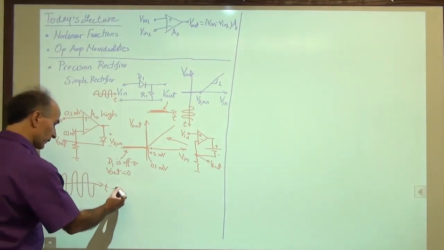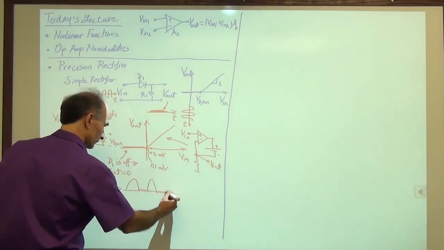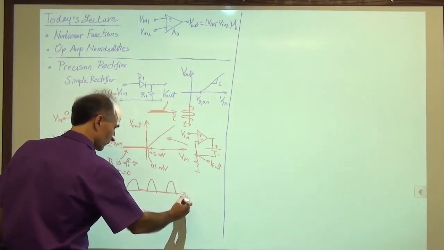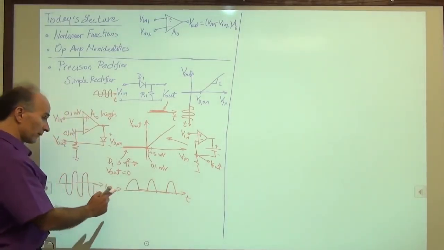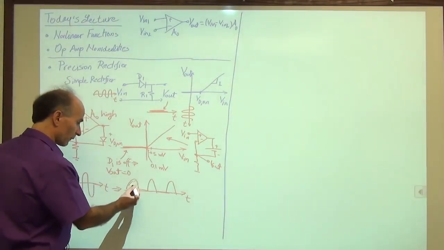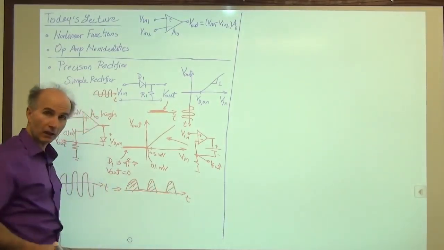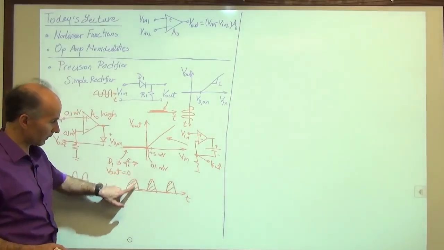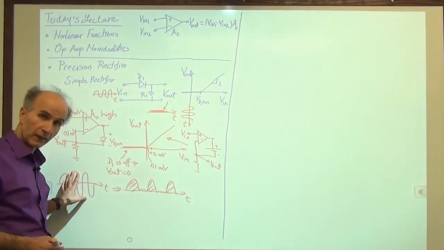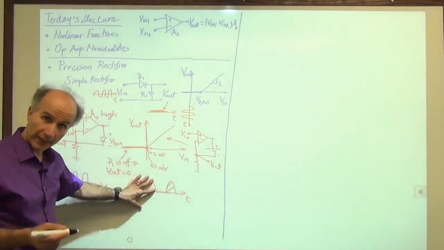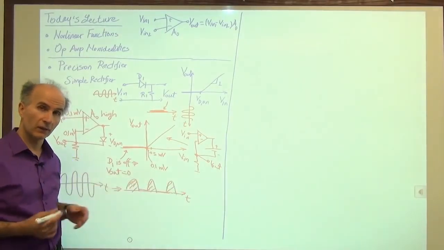So we first rectify it. Then we observe that if we find the average of this waveform, meaning this area divided by the period, obviously this area is in proportion to this amplitude, right? So first we rectify, then we find the average, meaning we low-pass filter it, and that gives us an indication of how large the signal is.